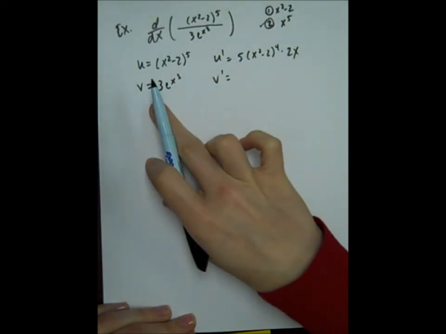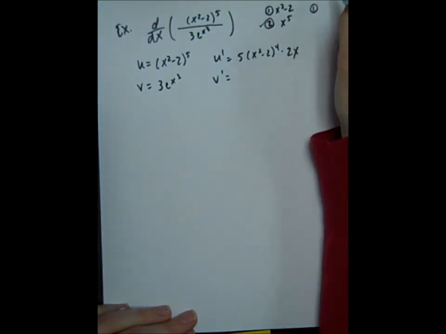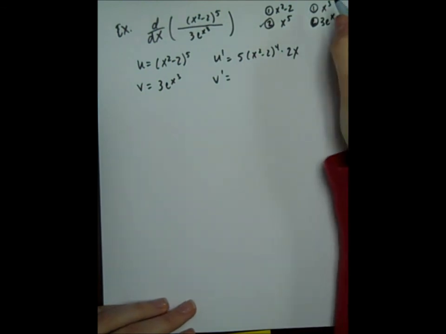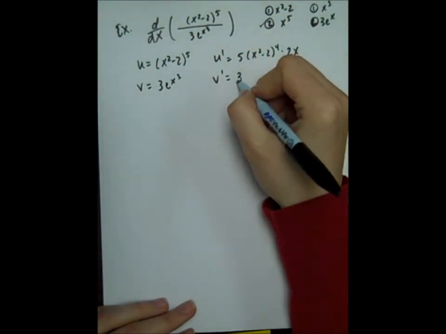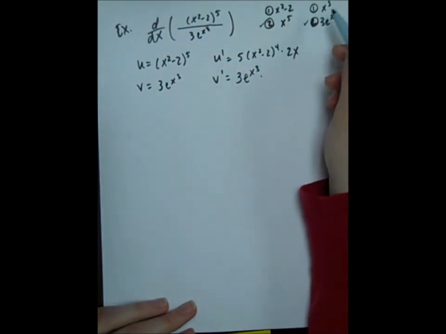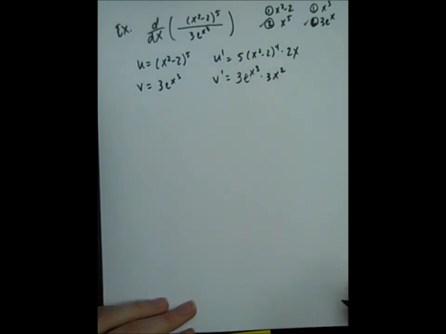Now I'm going to take the derivative of 3e to the x cubed. Again, that's a chain. First function, x cubed. Second function, 3e to the x. So the derivative of 3e to the x is 3e to the x, but I don't write an x, I write an x cubed. Next, the derivative of x cubed is 3x squared.